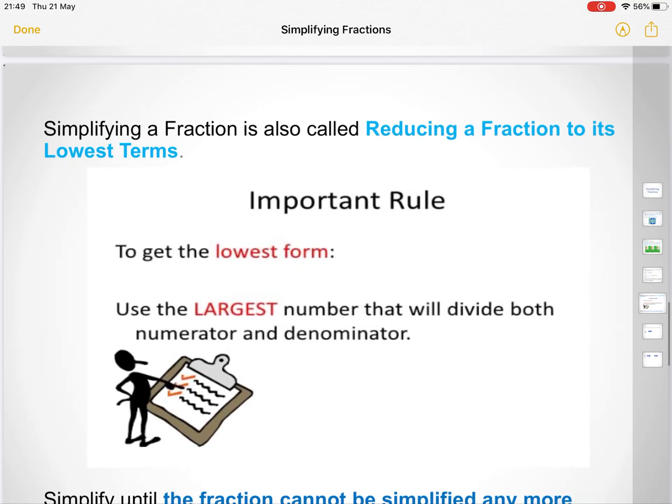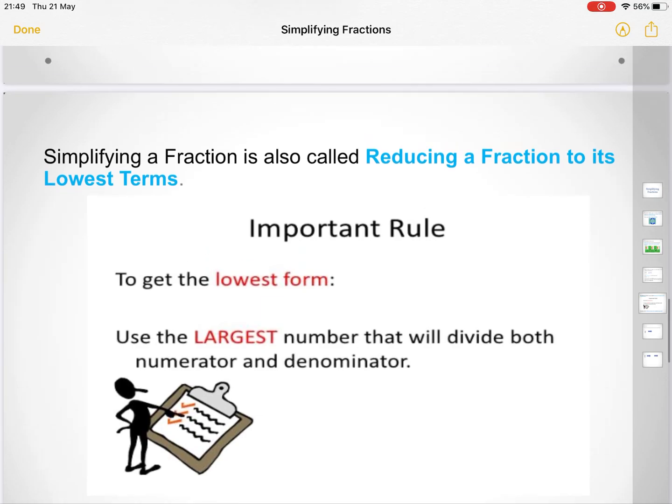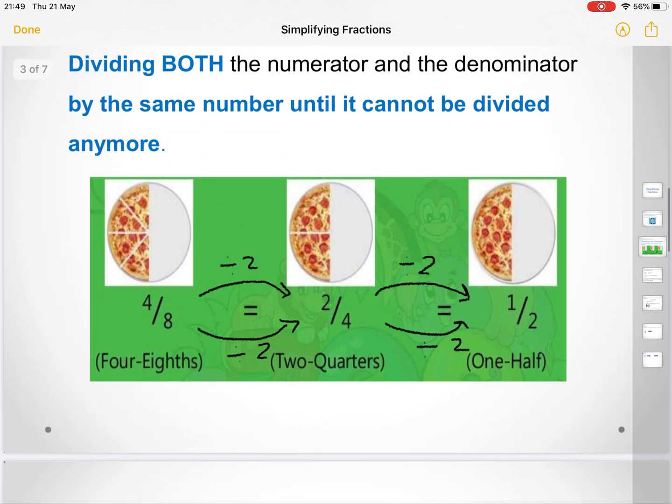okay? Now, the important rule, as we said, to reduce a fraction to its lowest terms is to get the lowest form. To get the lowest form, you need to use the largest number that will divide both the numerator and the denominator. I'm going to show you the previous example.